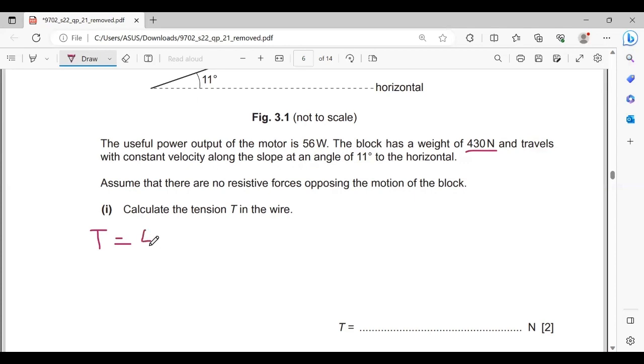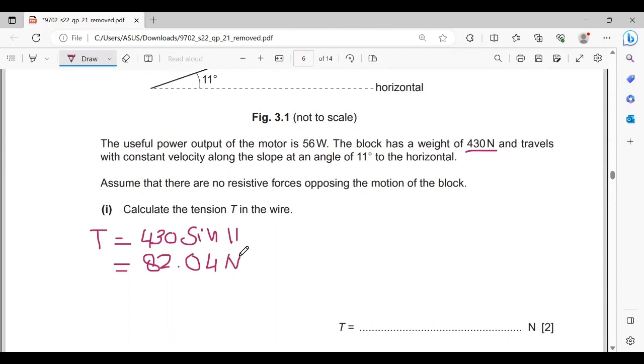So 430 times sine 11. I just calculated it, and the result is 82.04 Newton.